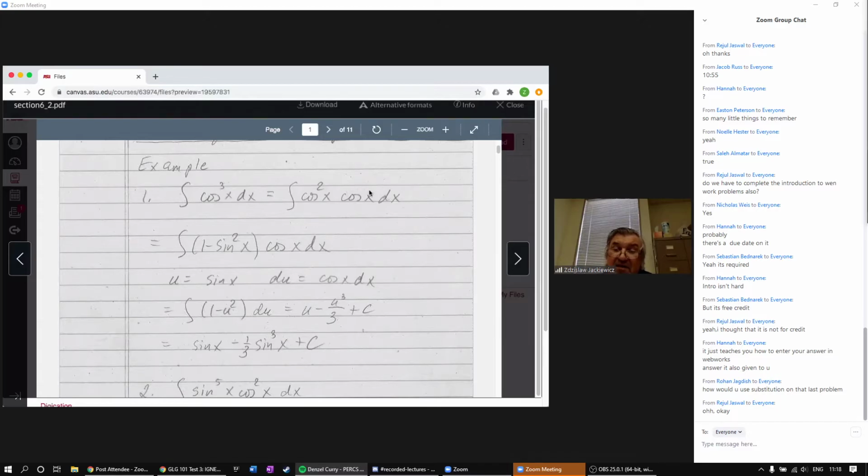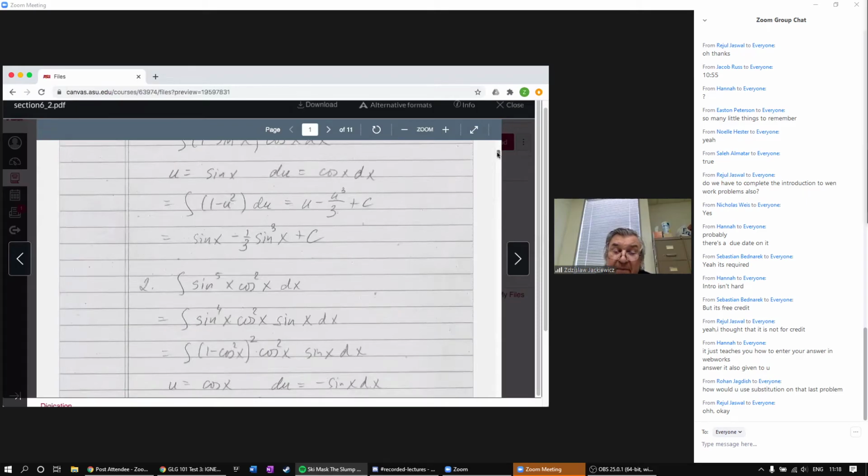So you see, we use a trigonometric identity. Here you have more complicated things, but still we can do things more or less in the same way. We have the integral of sine to the power 5 x cosine squared x dx.